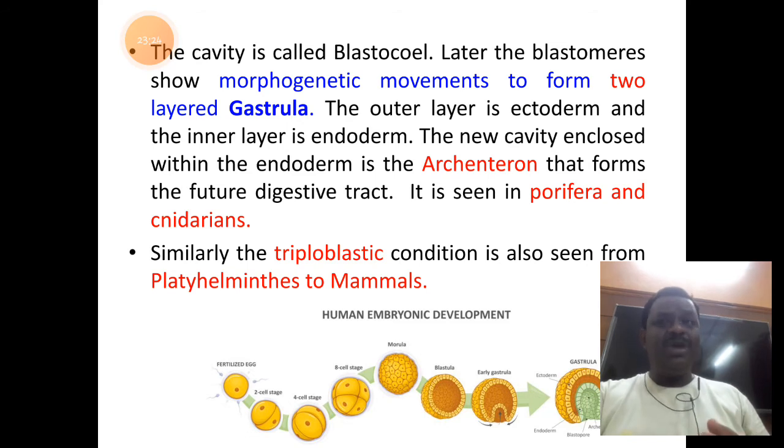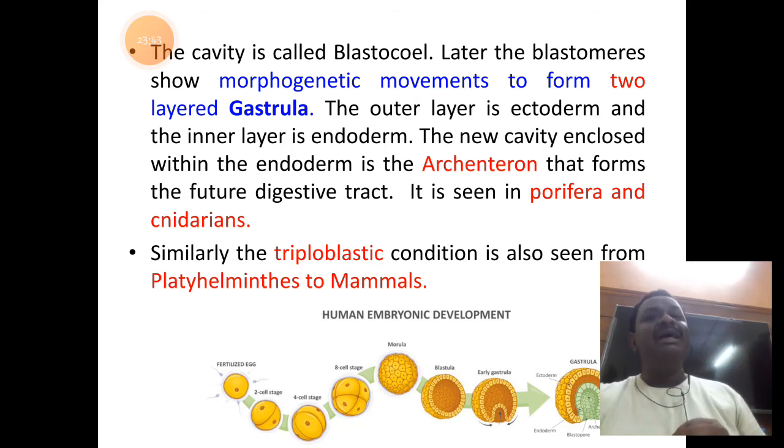This stage, where the archenteron or gastrula is formed along with two definite layers, we call the gastrula stage, where the outer layer is called ectoderm and the inner layer is called endoderm.